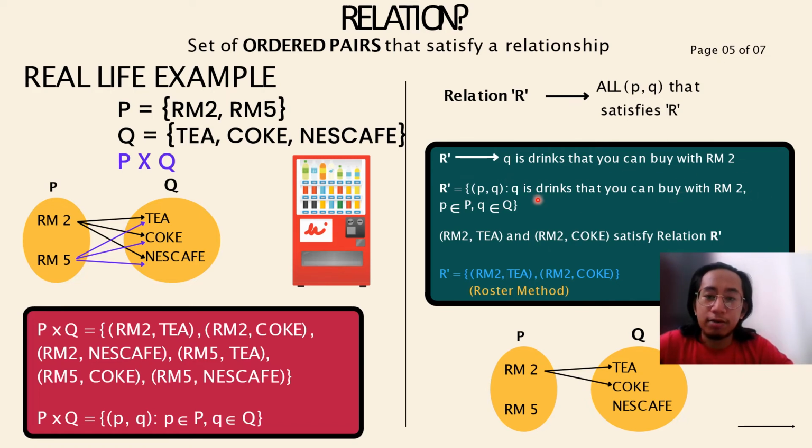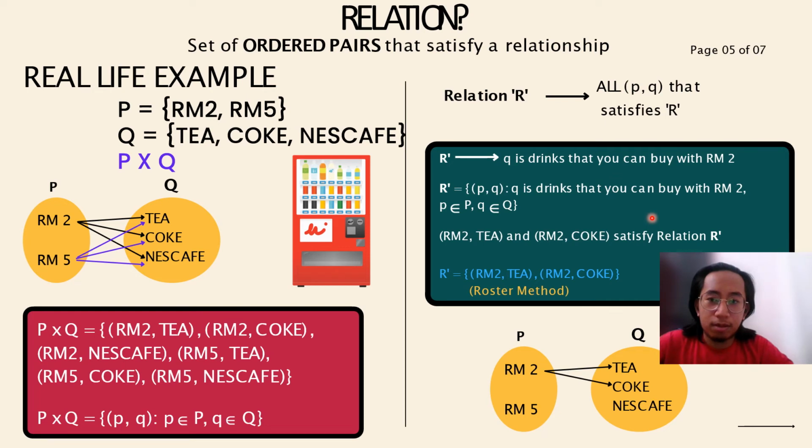So R' gives us the set of all ordered pairs (p, q), where q is a drink that you can buy with 2 ringgit, where every p belongs to set P and every q belongs to set Q. This is the set builder method to represent R'. Please note that every q here is a drink that you can buy with 2 ringgit.